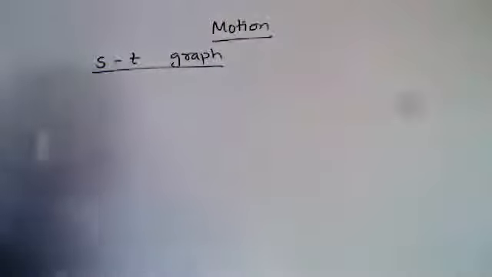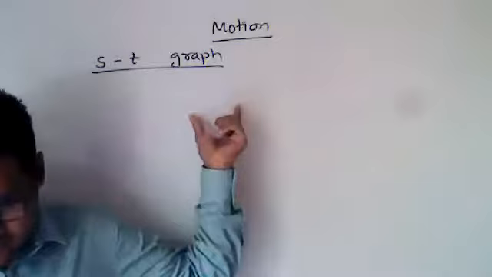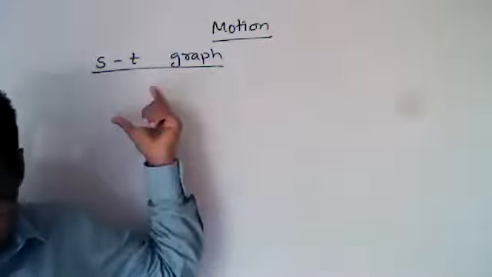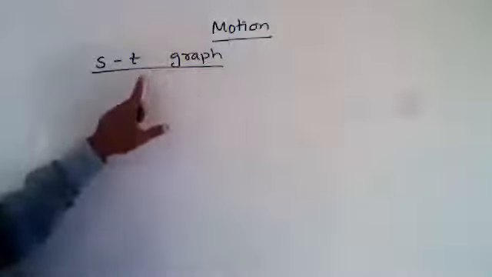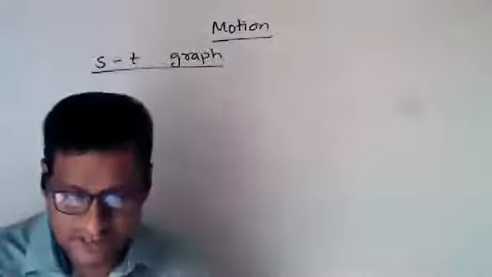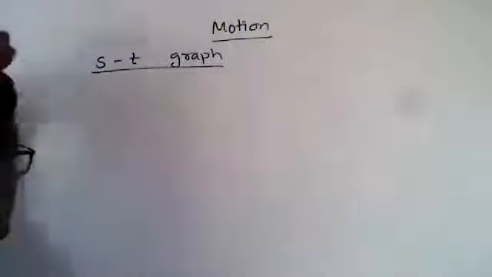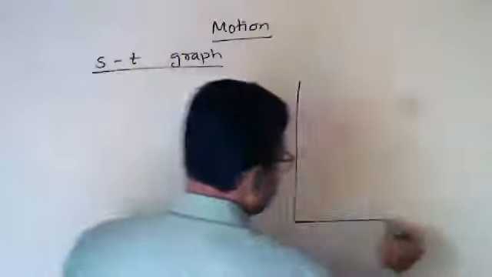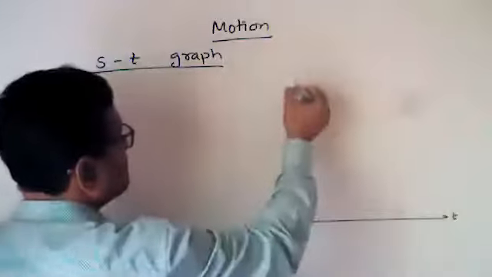You have to remember that for any graph with respect to time, T is always on the x-axis and the other quantity is on the y-axis. This is the ST graph: this is the time and this is S.